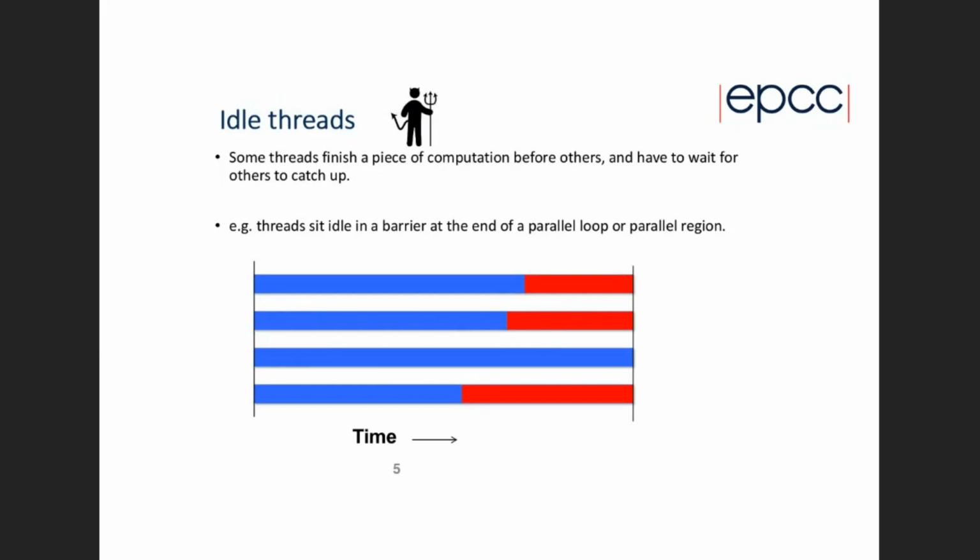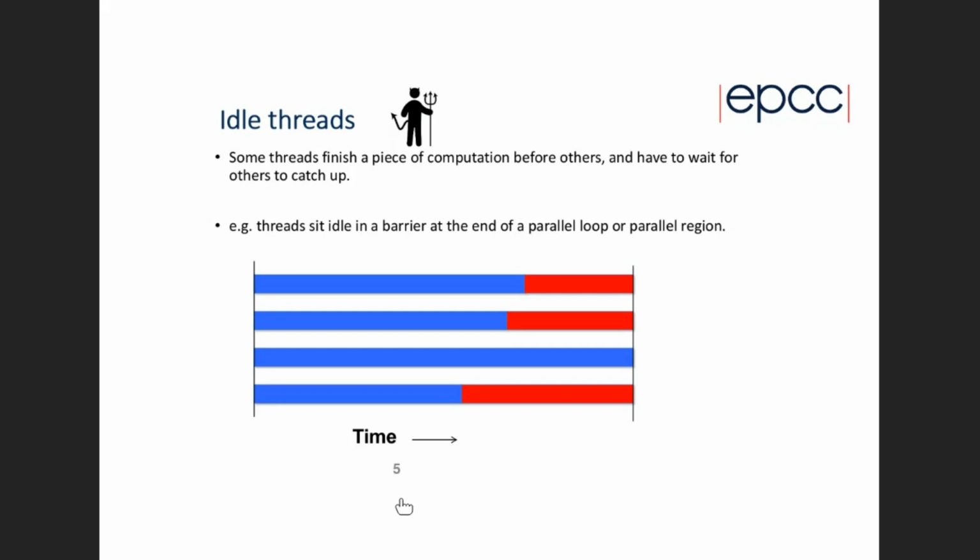The next one is idle threads. What can happen here is that some threads finish a piece of computation before others and have to wait for others to catch up. This is typically what we talk about as being load imbalance.